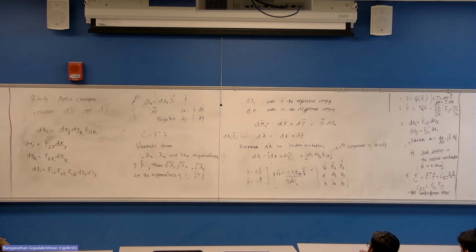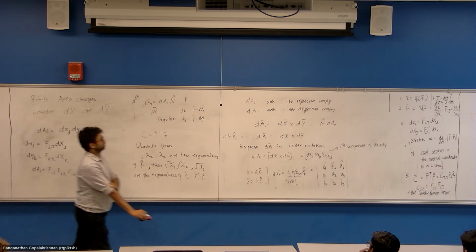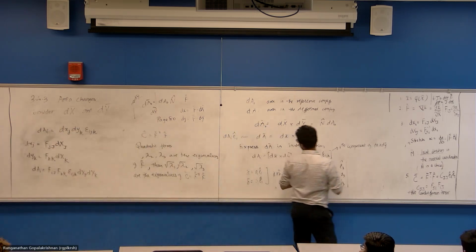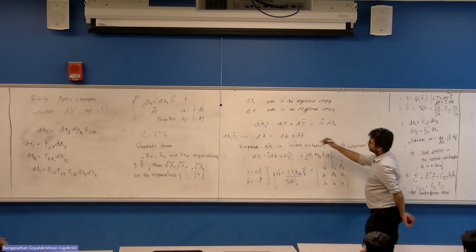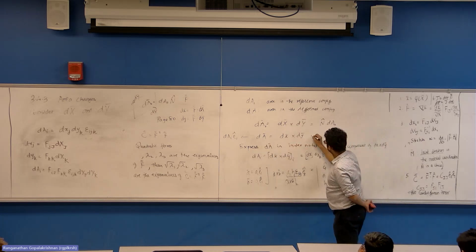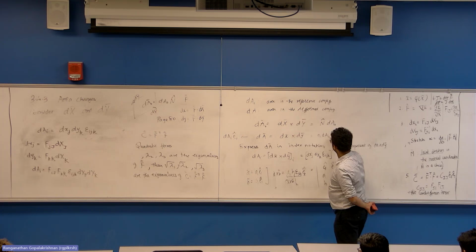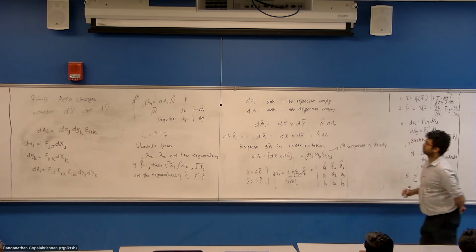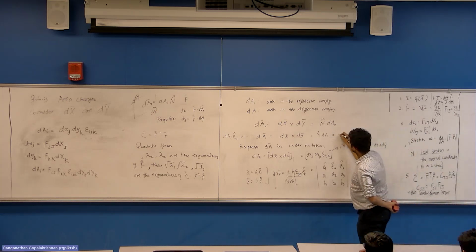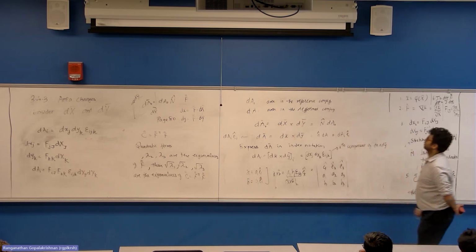Okay, keep that in. If I write dA equal to N cap dA, this is dA_i e_i.